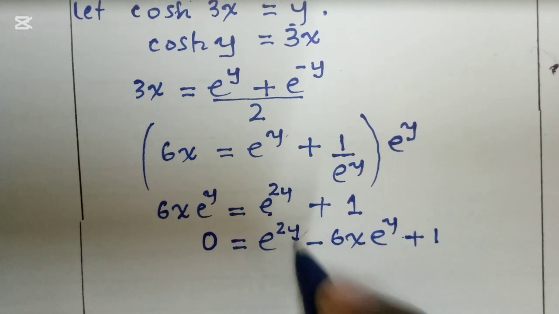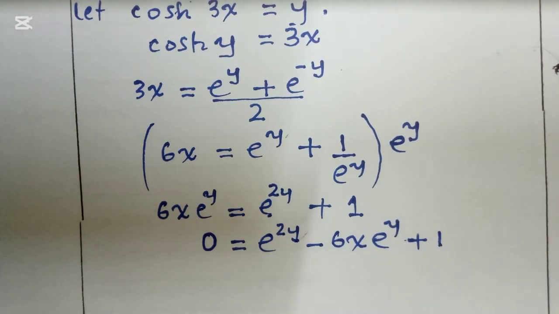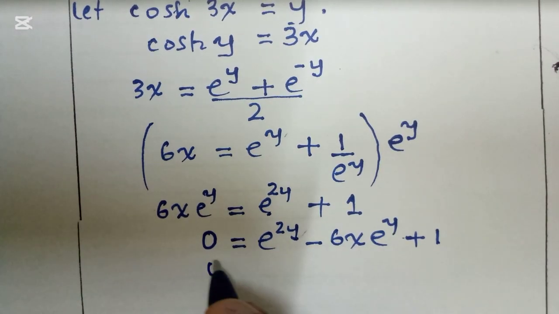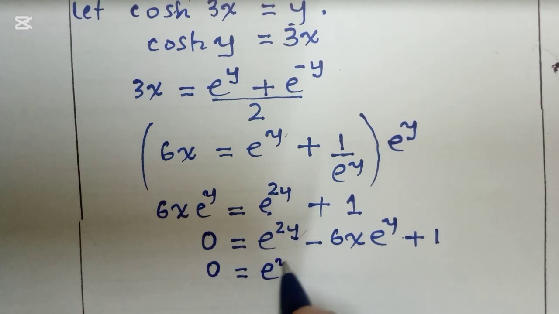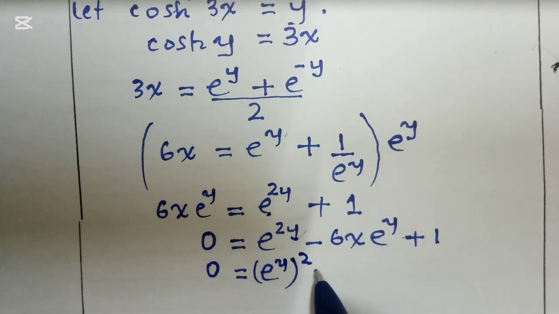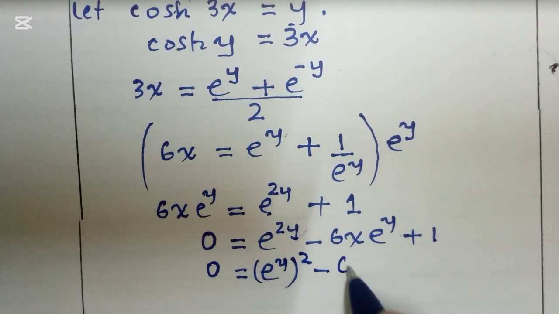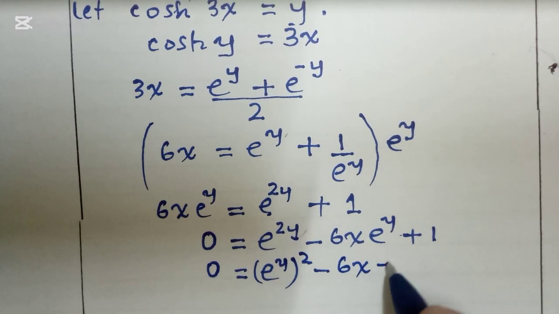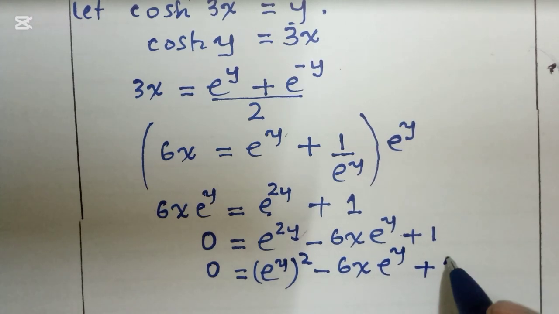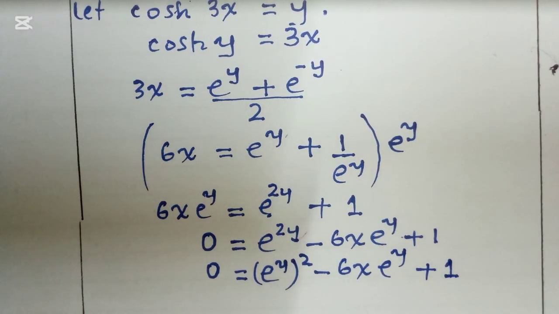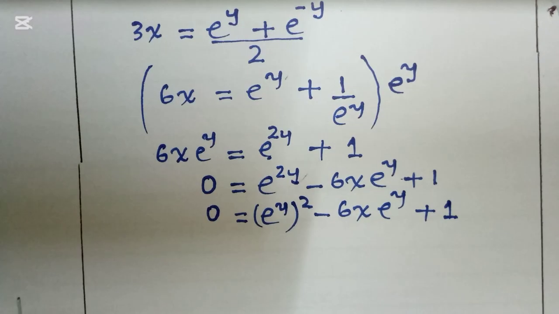Now, guys, I can say 0 is equal to e raised to y squared minus 6x e raised to y plus 1. Now, guys, this becomes a quadratic equation.